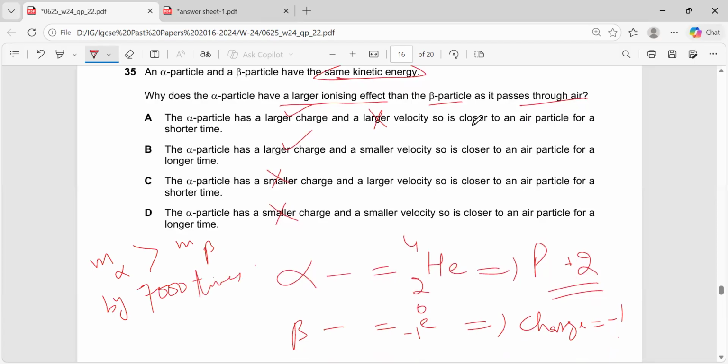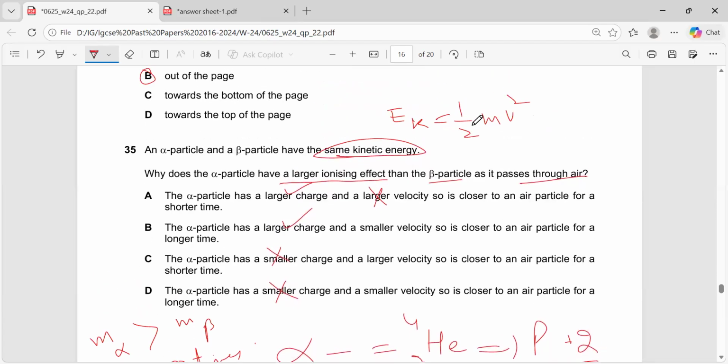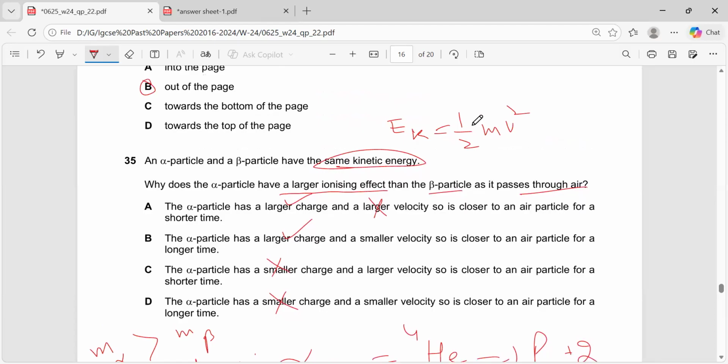So if alpha is heavier, how can it get larger velocity? It must have smaller velocity. So answer is B. Again, alpha and beta have same kinetic energy. This was written, that's why we can decide about the speed of alpha and beta.